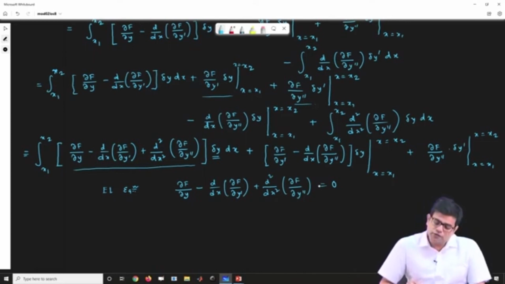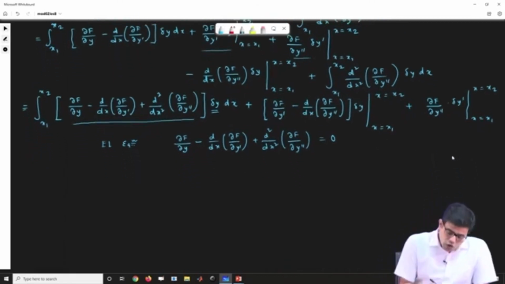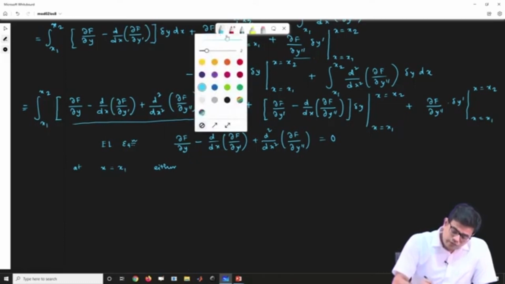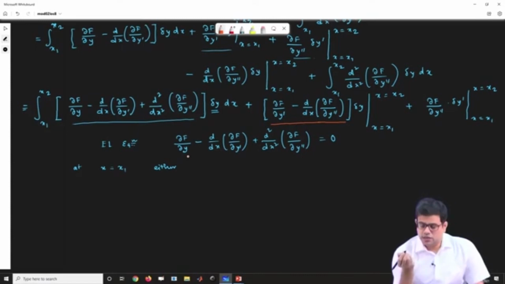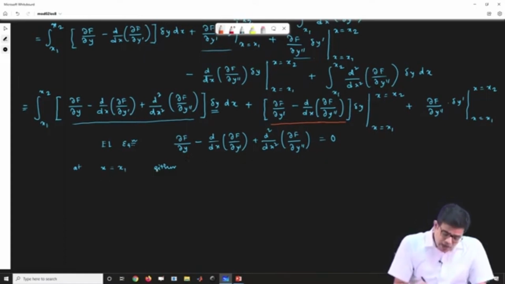Now, similarly to the previous case, we will have boundary conditions specified. At x equals x1, either this quantity has to be specified, or y has to be specified, since the variation should be 0 from the admissibility criteria.